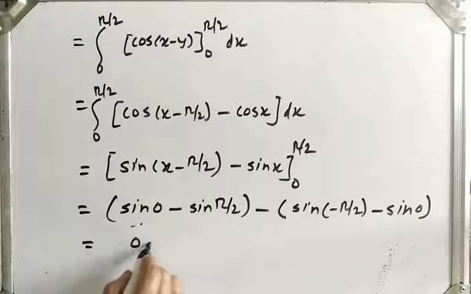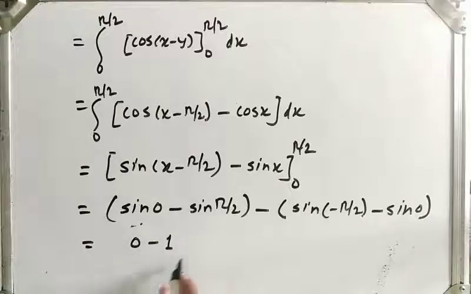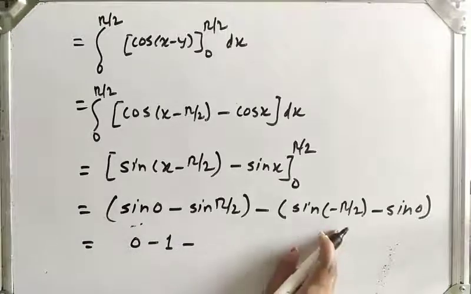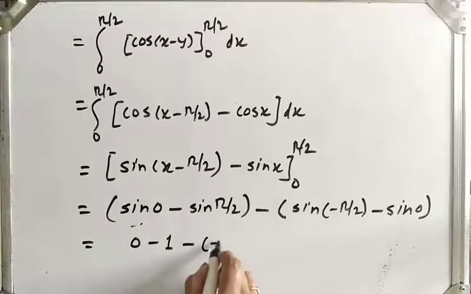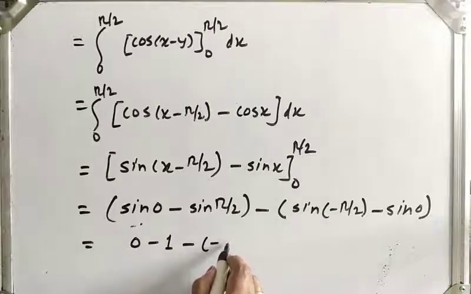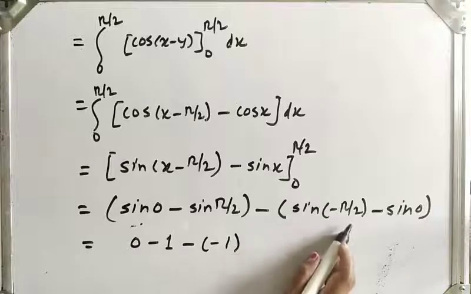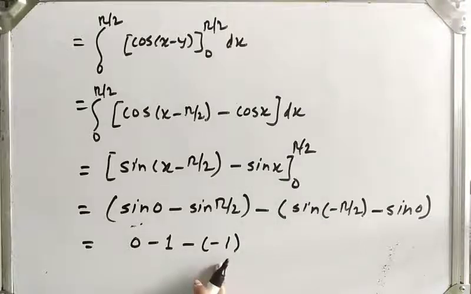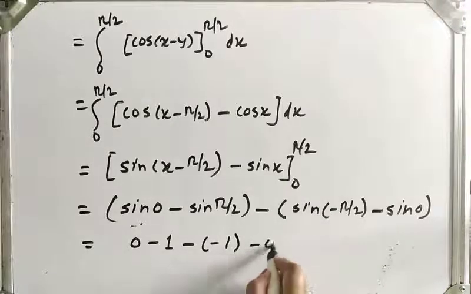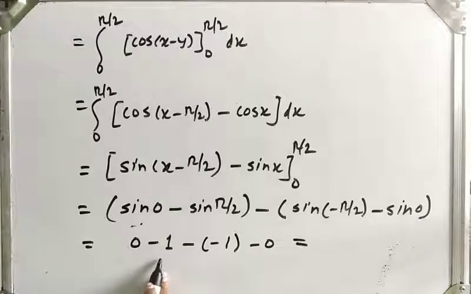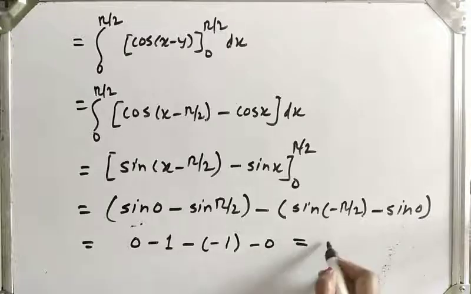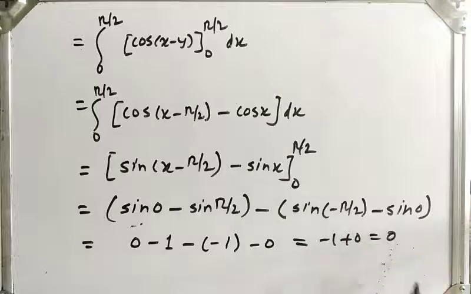Sine 0 is 0, minus sine pi by 2 is 1, minus, what will be sine of minus pi by 2? That will be minus 1. Okay, sine of minus theta is minus sine theta, so it will be minus 1 minus 0. So our final answer is minus 1 plus 1, that is equal to 0.